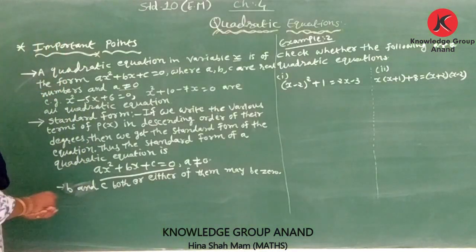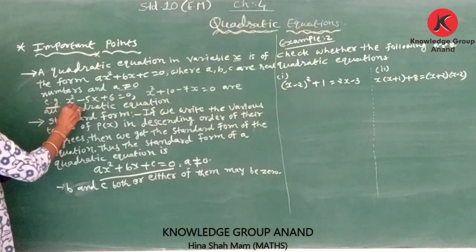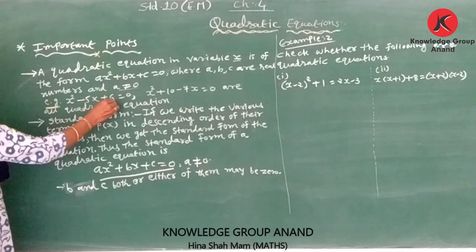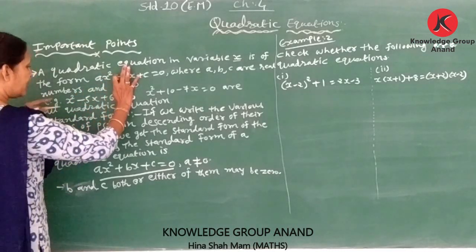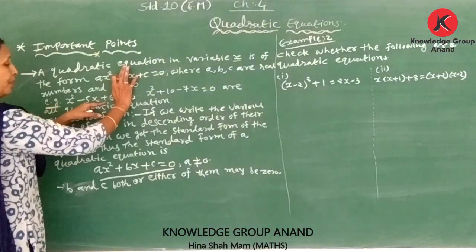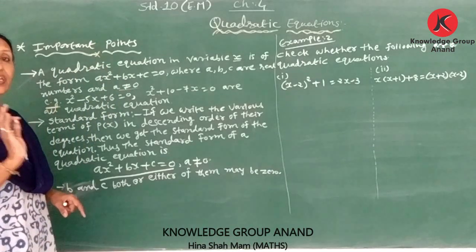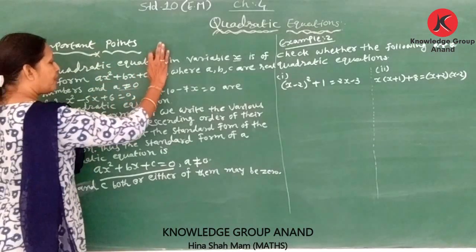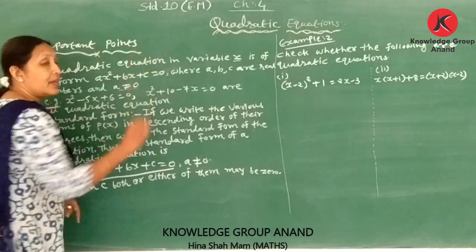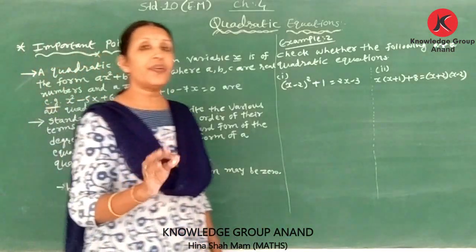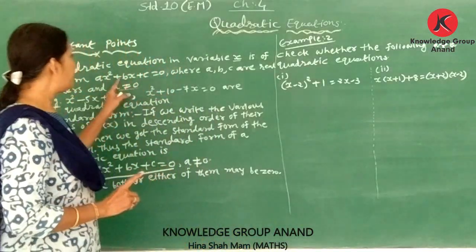As an example, which type of quadratic equation? x square minus 5x plus 6 is equal to 0. If there is no equal to 0, then it is called a quadratic polynomial. Equate it with 0, then the quadratic polynomial becomes a quadratic equation. If the question asks to write the standard form of a quadratic polynomial, then you don't write equal to 0.